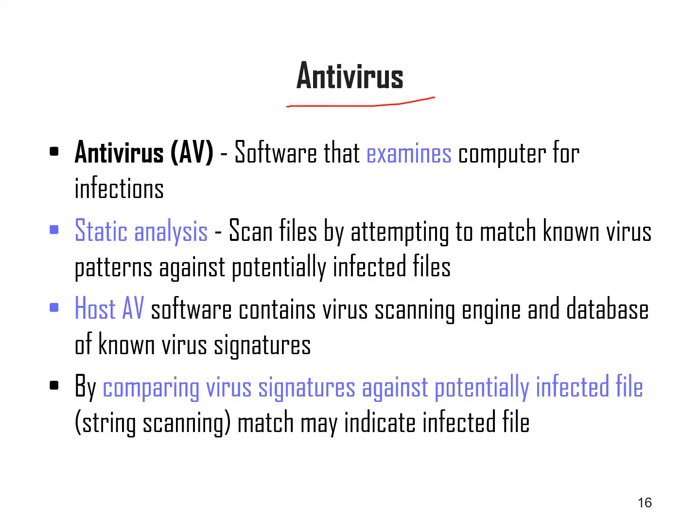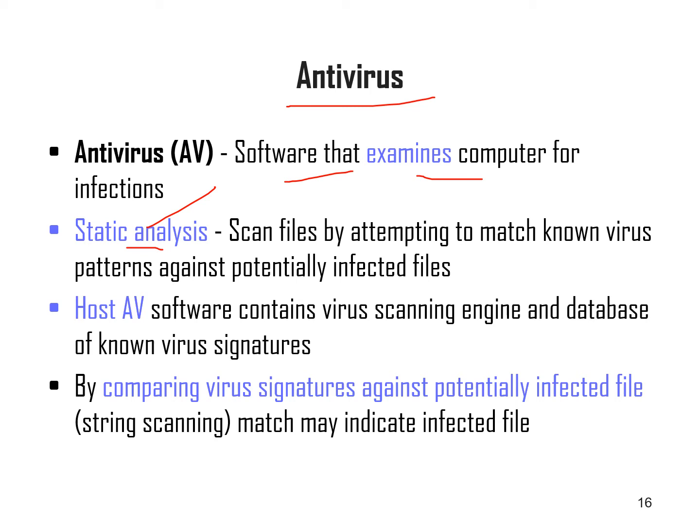So these are all some categories of anti-malware. We can see one by one what is meant by antivirus. This is actually the software that examines the computer for infections, right? So it will examine the computer frequently against infections. Antivirus is nothing but software. Static analysis is used in this antivirus.